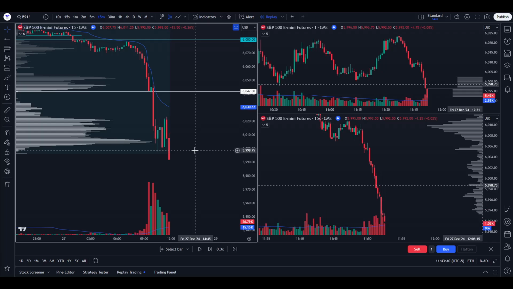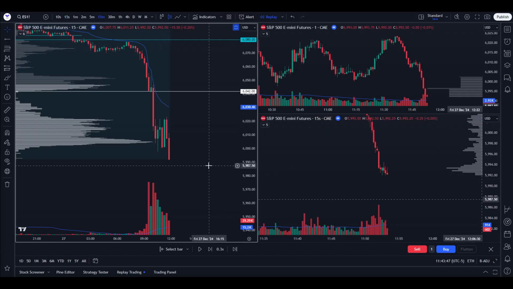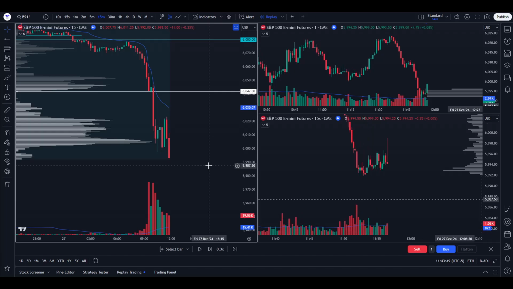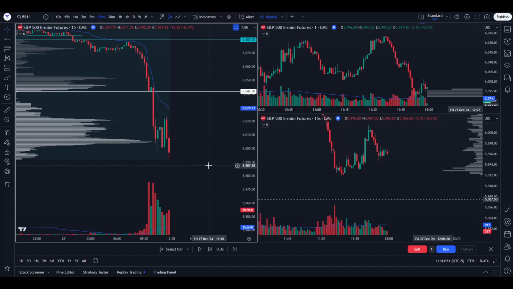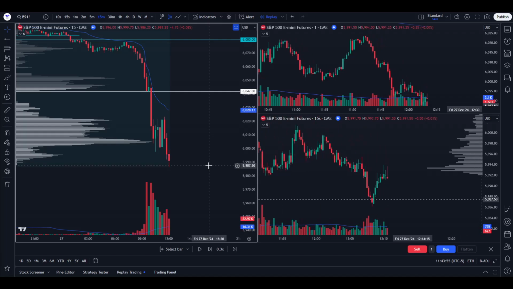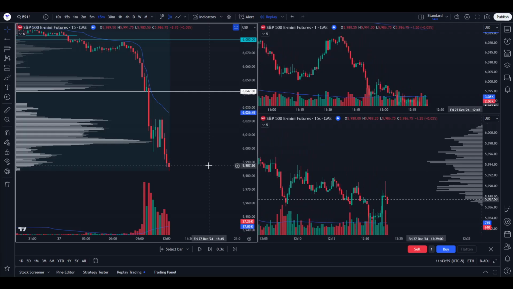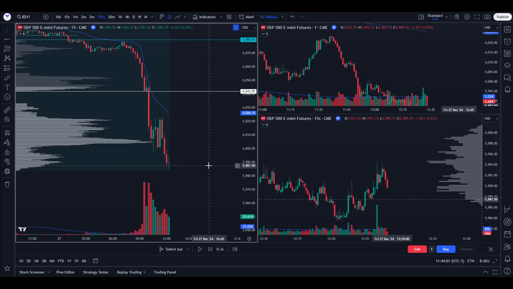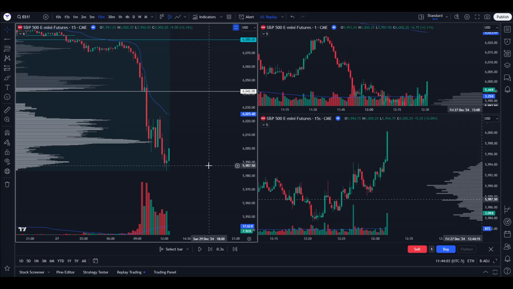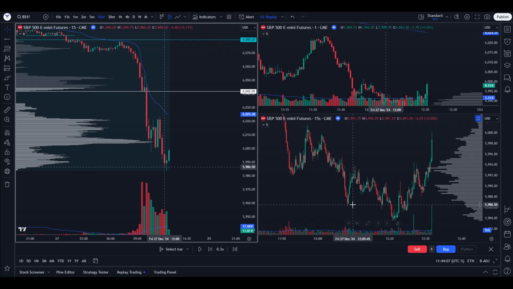So, we're taking out these lows now. Okay, we got a bounce. Yeah, so we're really seeing it struggle to put in lows now.